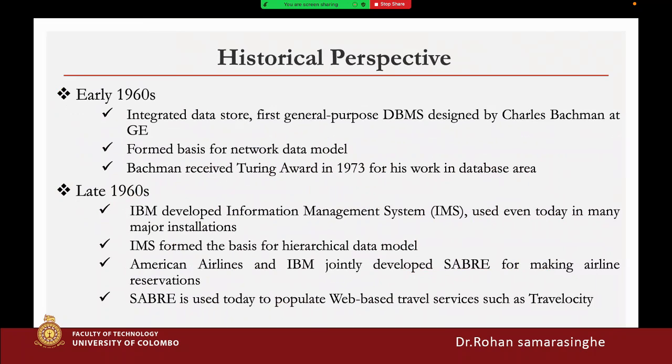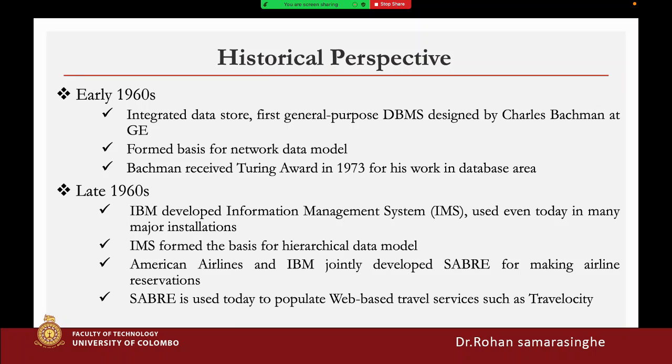With this IMS system, they formed the basis of the hierarchical data model. They introduced the hierarchical data model with the IMS system.